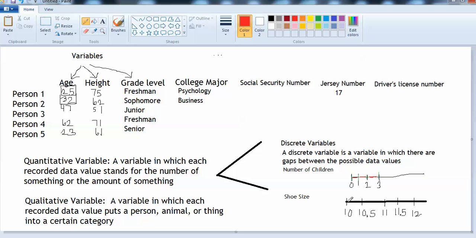A person will never have a shoe size between 10 and 10.5, or between 10.5 and 11. For example, a person will never have a shoe size, at least that I know of, of 10.7, or 10.3, because they don't make shoes with those sizes.